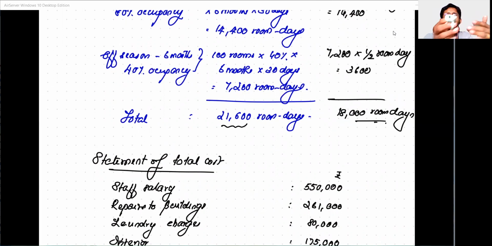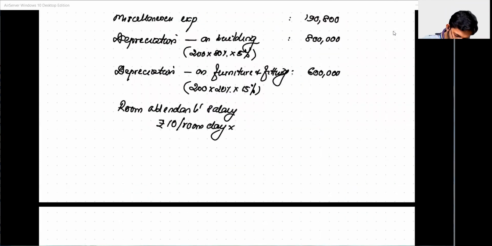You cannot say that, see, what we get is only 50% of the total actual room revenue, so we will be giving only 5 rupees. No, that you cannot tell to the room attendance. So room attendance will be paid rupees 10 per room day, for the entire 21,600 room days. So this is equal to 10 into 21,600.